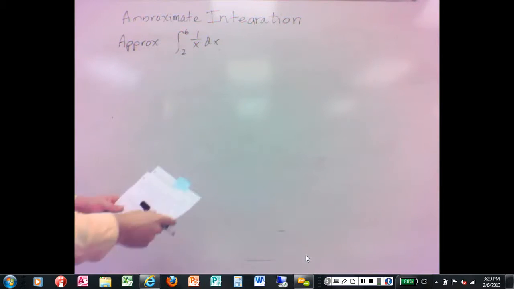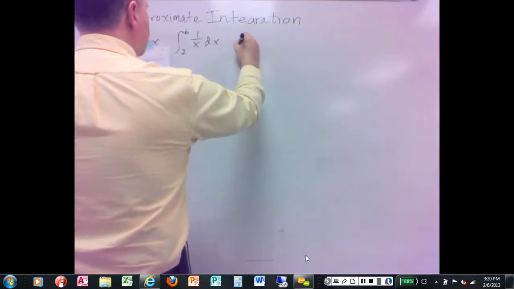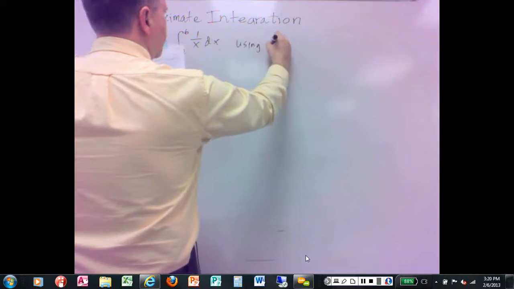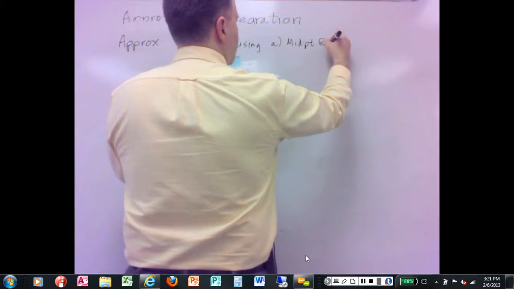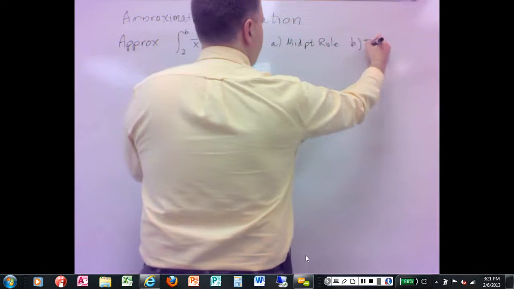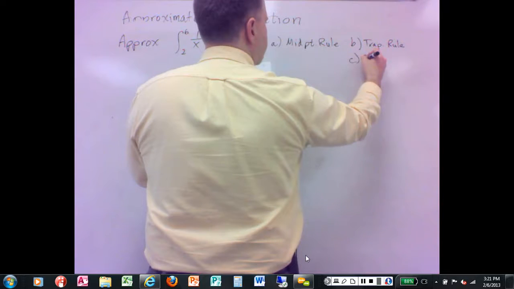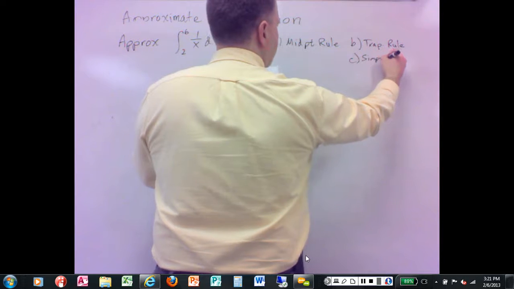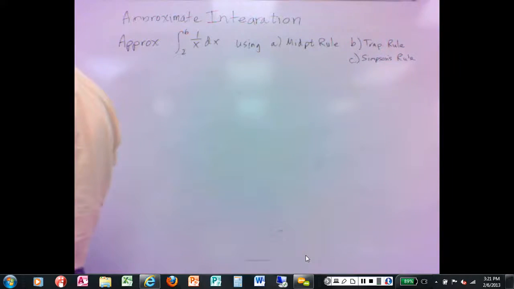I want to compare it to the real answer here. But let's approximate this using A, midpoint rule, B, trapezoidal rule, and C, Simpson's rule. Shouldn't take us too long to do that.